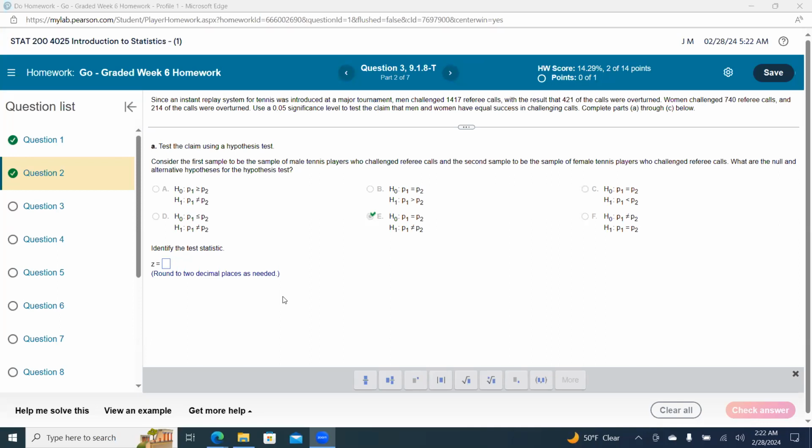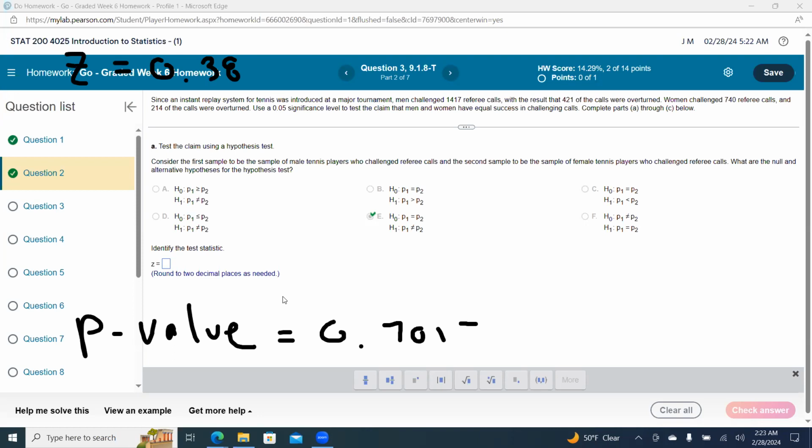Okay, so if we do the test on our calculator, I get a z, which is the test statistic, of 0.38, which means a fairly large p. The p-value is going to equal 0.7017. What is the alpha? 0.05.